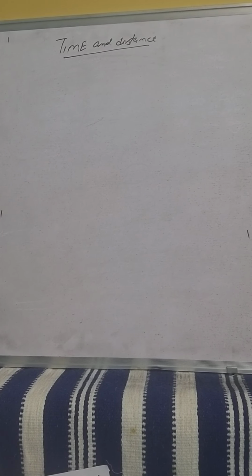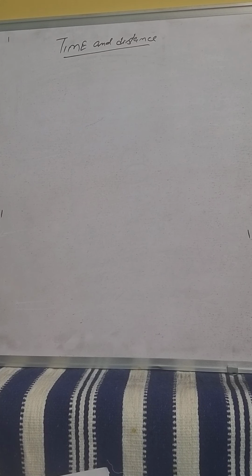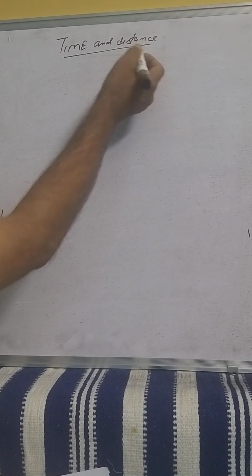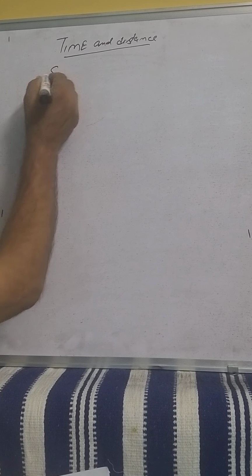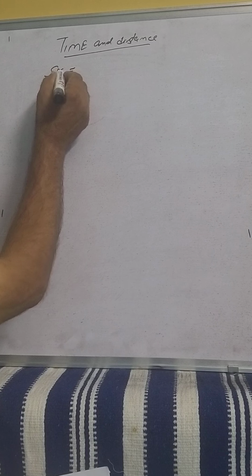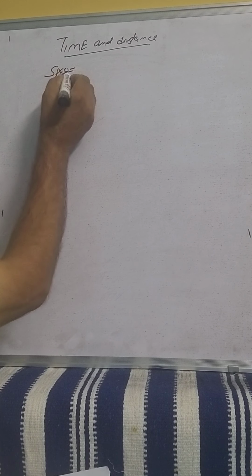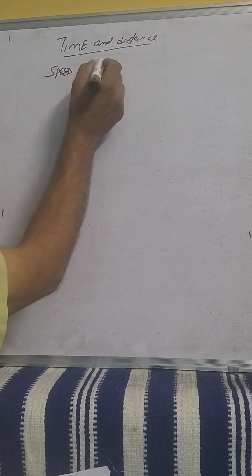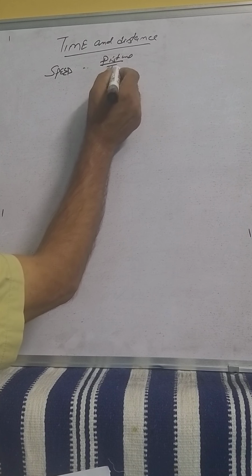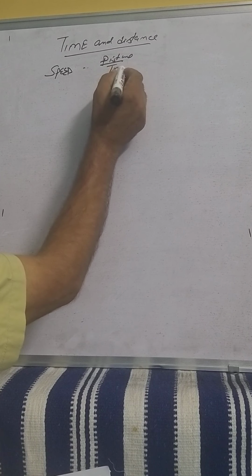Friends, welcome to all. Today we are taking the new topic, time and distance. In this topic we can say if a man covers some distance, it takes some time, and the ratio between the distance and the time is called the speed. We can write it like this: speed is equal to distance over time.